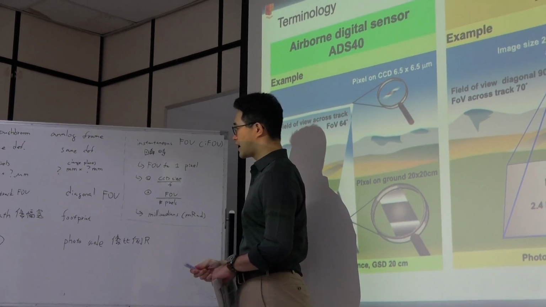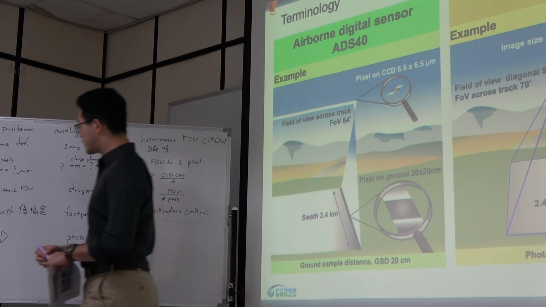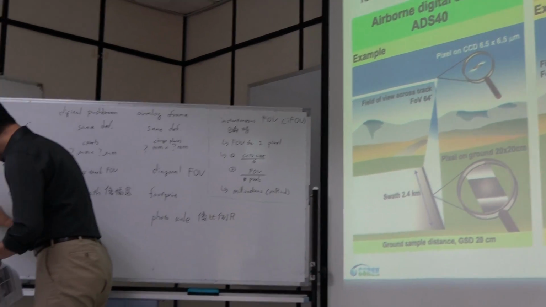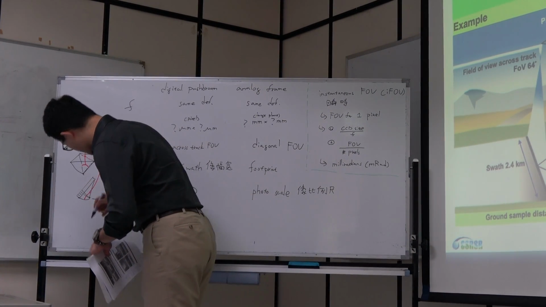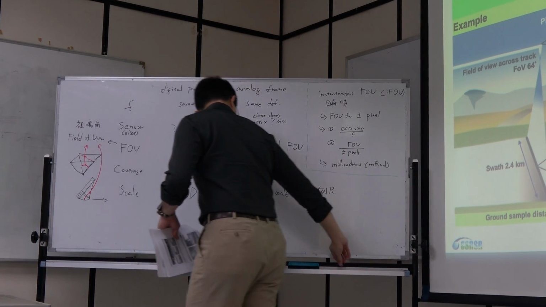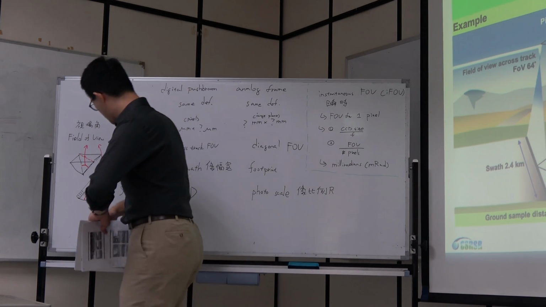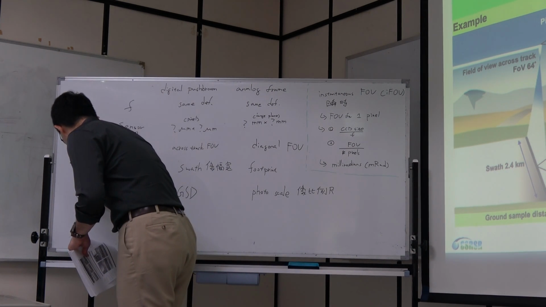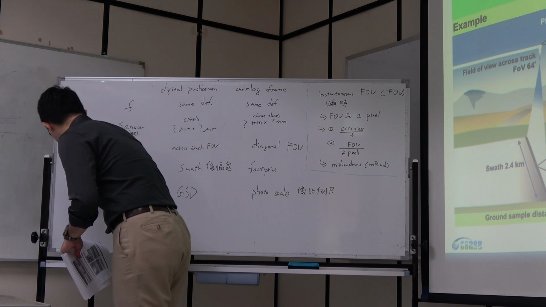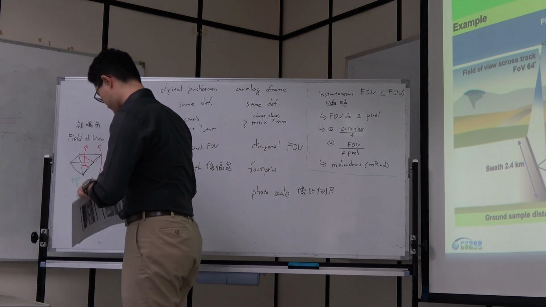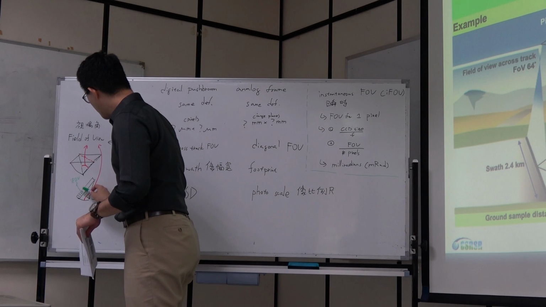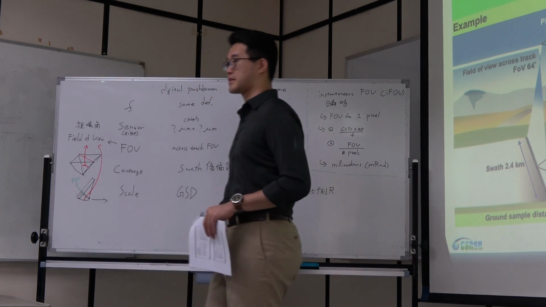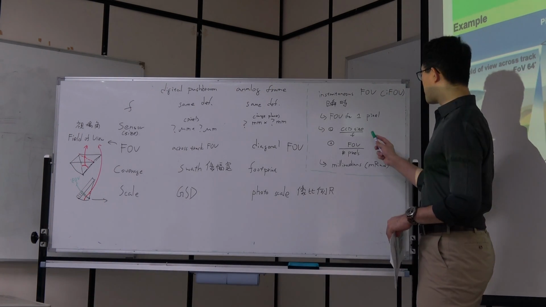So if you know one CCD sensor size, you just divide it by the focal length, and then you get the IFOV. That's one way to calculate it.